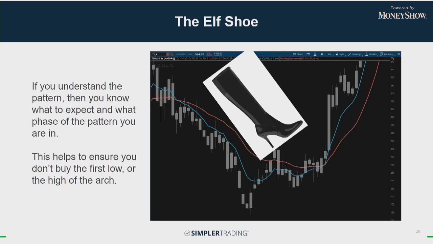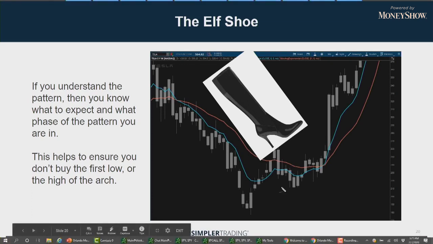The whole point is that if you can figure out repeatable patterns and you know what that pattern is supposed to do in its entirety, then you know what portion of the pattern you're at and you won't get caught up. So going back to the elf shoe and the boot pattern, if you come down here and you understand that you have this very wide 8 and 21 moving average situation and you do catch this, great.